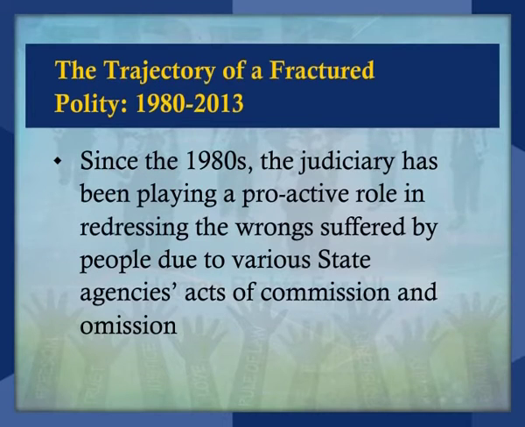Since the 1980s, the judiciary has been playing a proactive role in redressing the wrongs suffered by people due to various state agencies' acts of commission and omission. It has done so by encouraging innovative forms of public interest litigation.